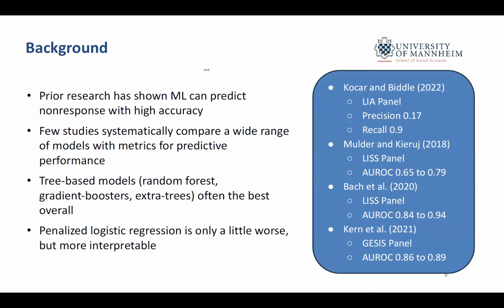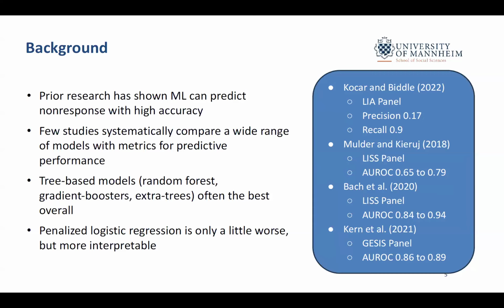This general process has been used, analyzed and evaluated by a number of previous papers. And it does seem to be the case that those ML approaches can successfully predict non-response with high accuracy. We have some papers listed here on the right-hand side with some performance measures.